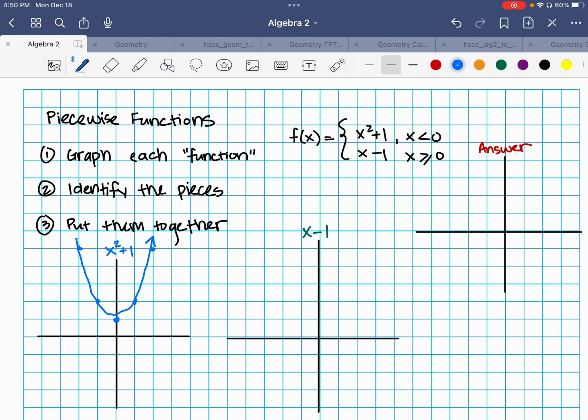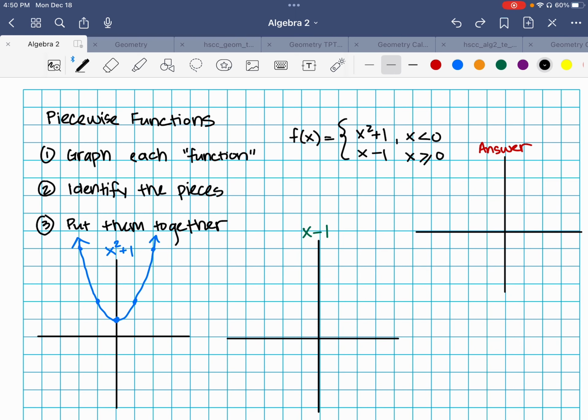So the first thing is graphing x squared plus 1, and that's the first part of the function. Then I want to identify the piece of the function that I want. It tells us right here that we want x less than 0. That means we want the negative side, this side of the function.